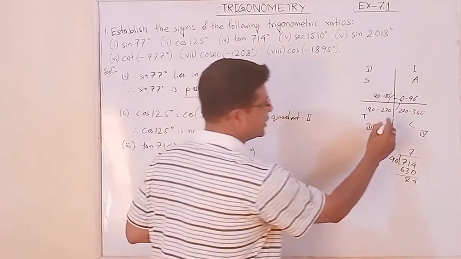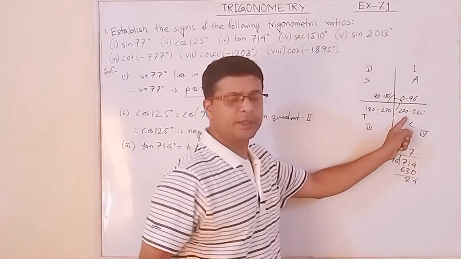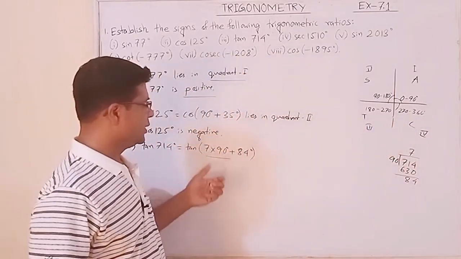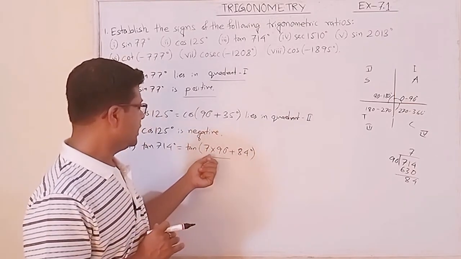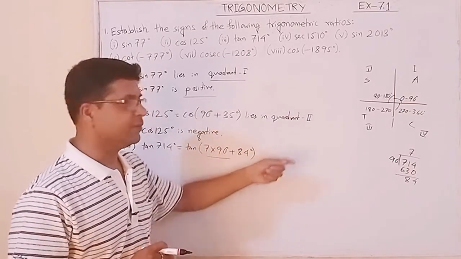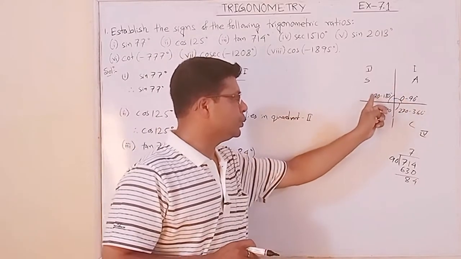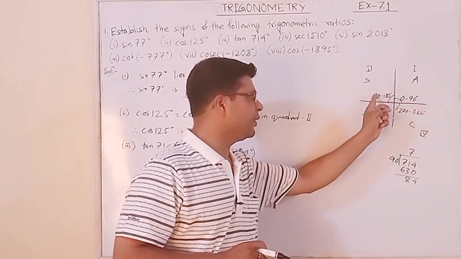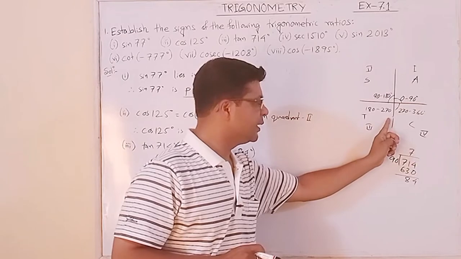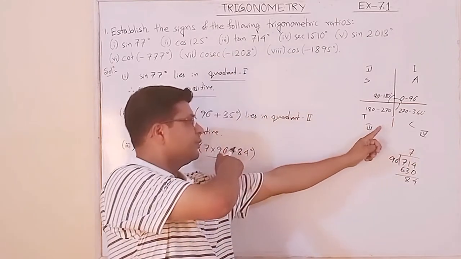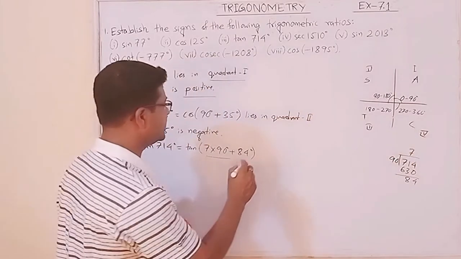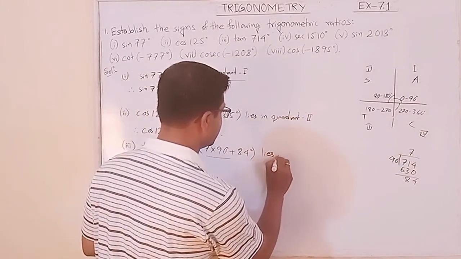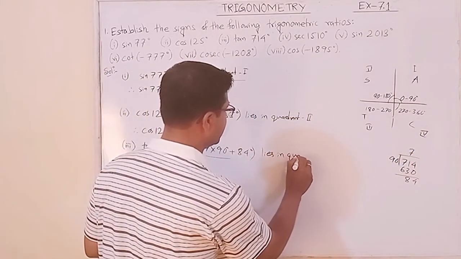Now plus 84, so it will move into the next quadrant. I repeat again, this is the initial stage, that's why I am taking some time. 7 into 90 plus 84 degree, so it will lie in the fourth quadrant, quadrant 4.